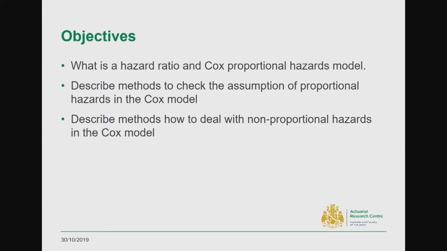The main objective today is to talk about the hazard ratios and the Cox proportional hazard model, describe the methods and the assumptions of this model, and describe how to deal with non-proportional hazards in the Cox model. So here are the main objectives.